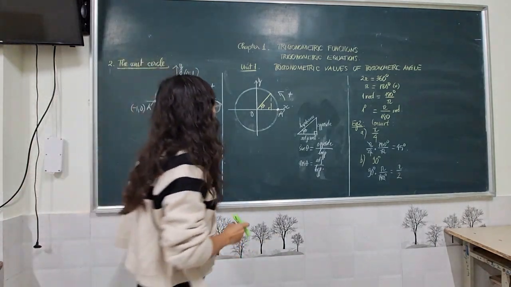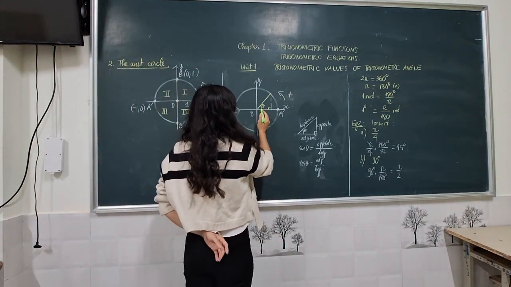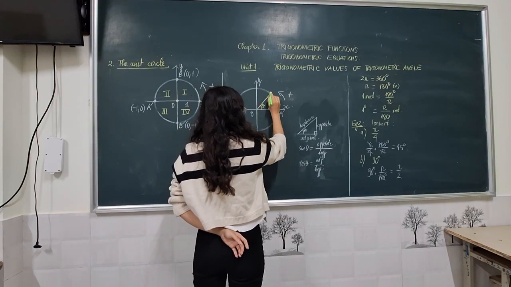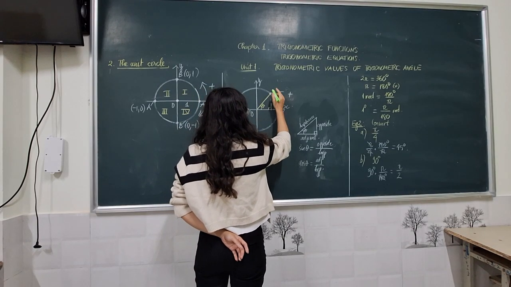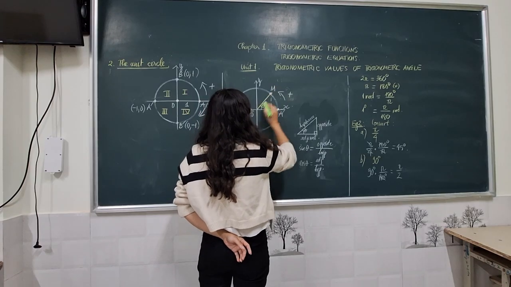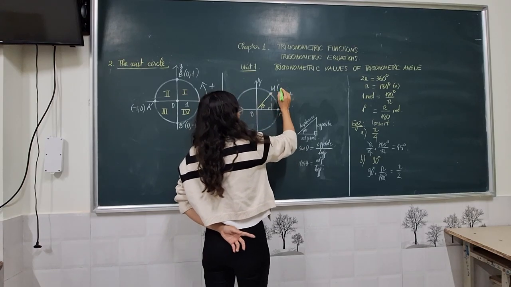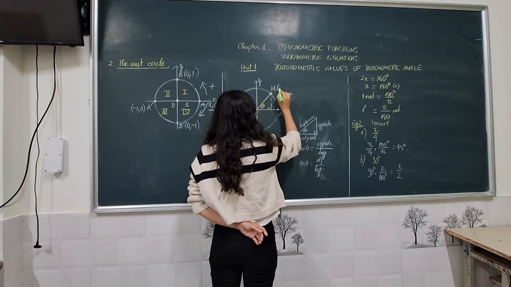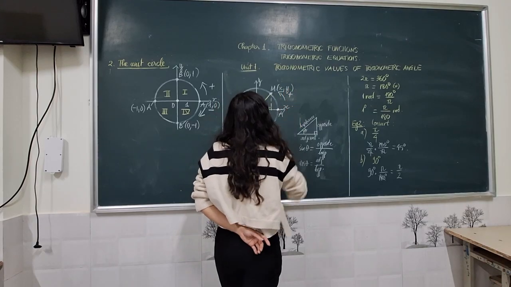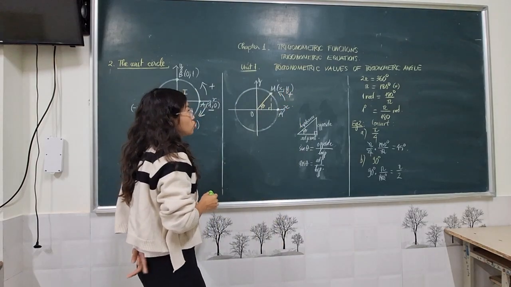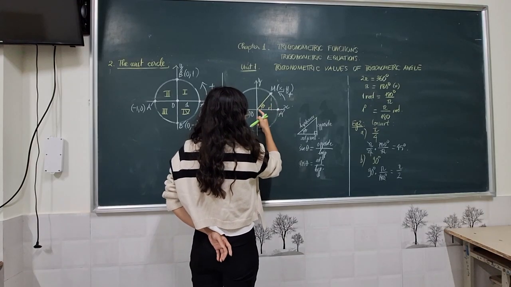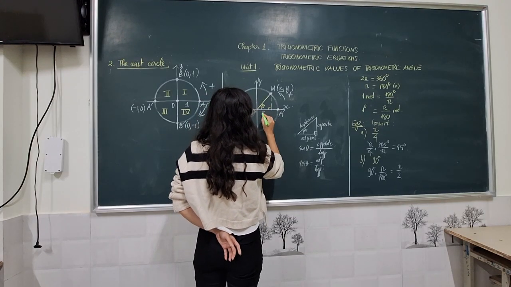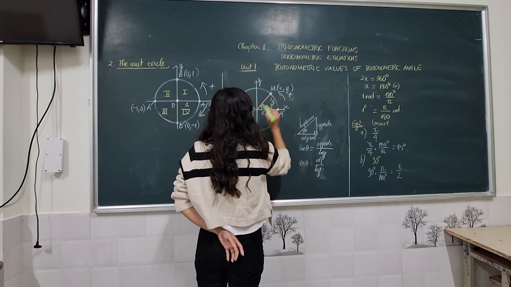The terminal side intersects the unit circle at the point M, and I call the coordinates of point M (x, y). Using the right triangle, we have the side here is x, and the side here is y.